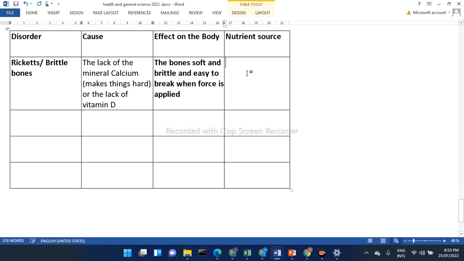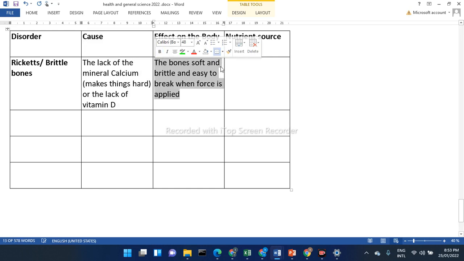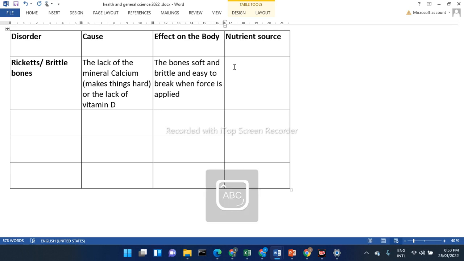The nutrient source. Where could we get calcium and those things from? You get calcium from dairy products, and vitamin D you get from the sun. So vitamin D is going to be from our sun. Calcium, what they want you to put is milk.